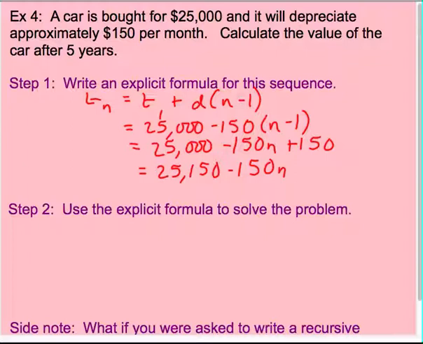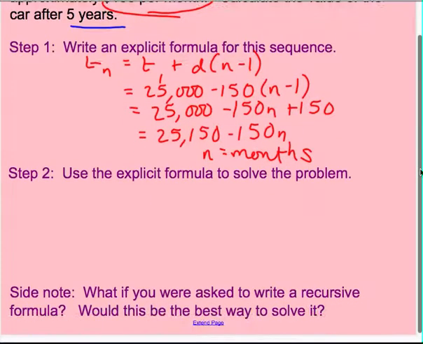Remember, it said that it depreciates 150 per month, so our n is months. The question was, what's the value after 5 years? So we want to make sure we adjust for that when we're figuring out our last answer.